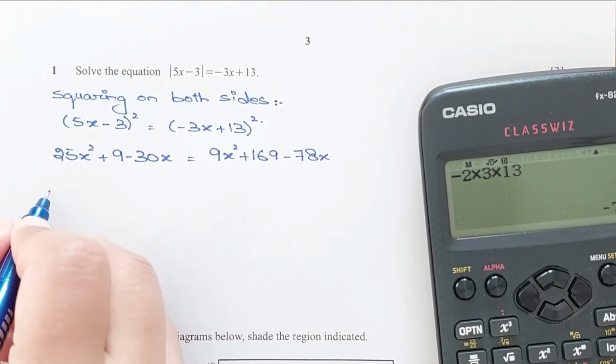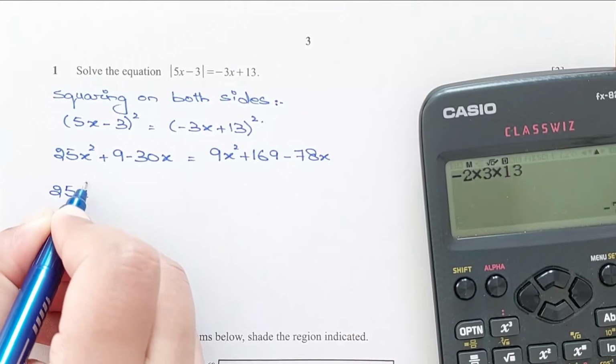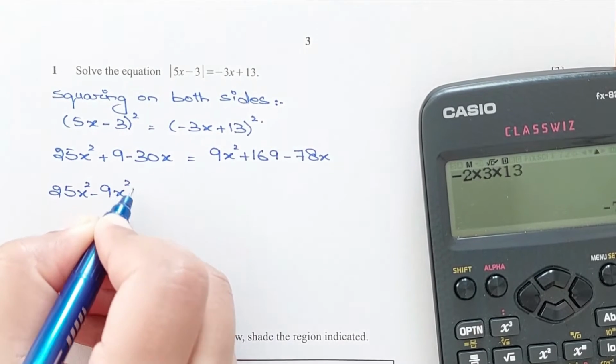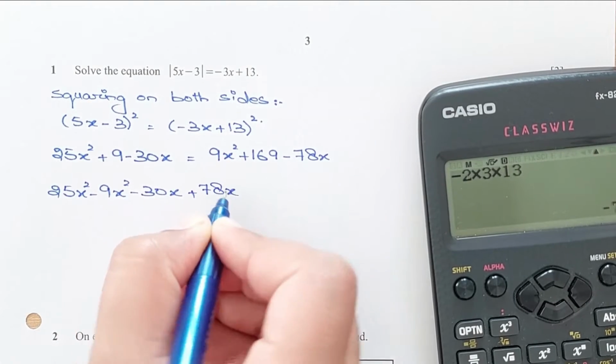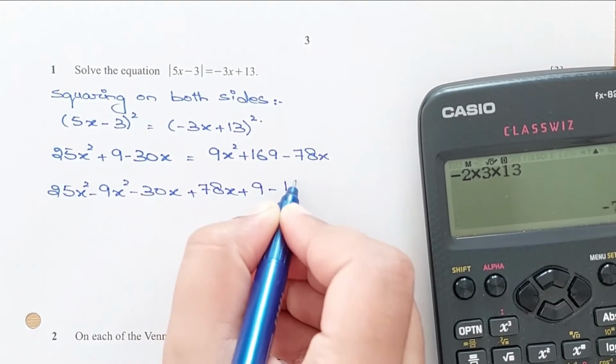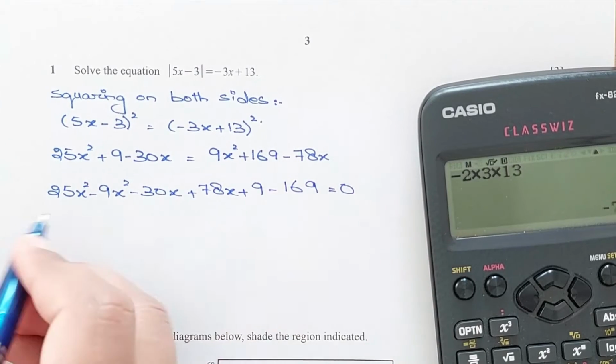Shifting all the terms to the left side: 25x square minus 9x square minus 30x plus 78x plus 9 minus 169 equals 0.